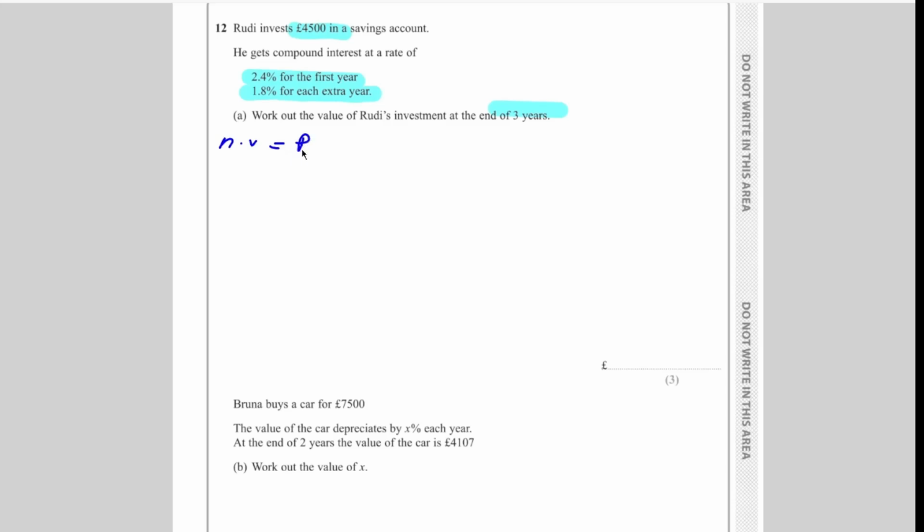For old value, I can write P, which is principal value, into 1, since this is investment, plus or minus R over 100 raised to the power of N. So you should know new value is the after value. P is the old value or the original value. R is percentage. N stands for number of years.